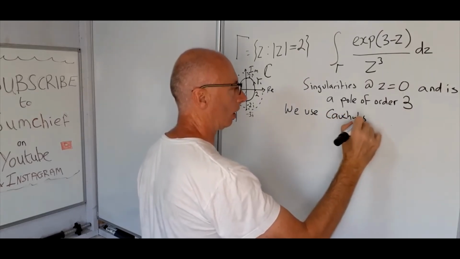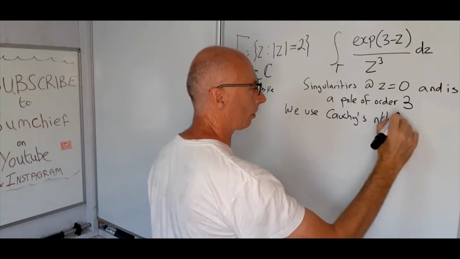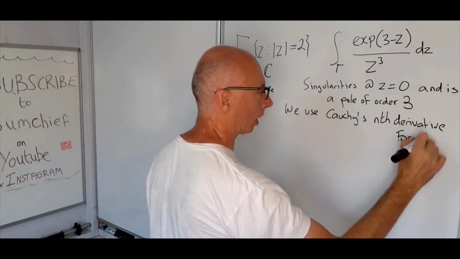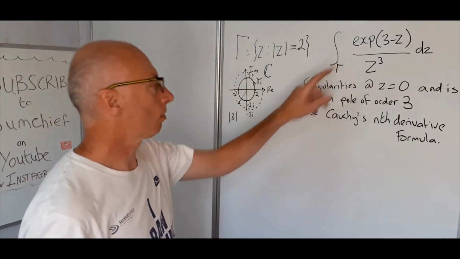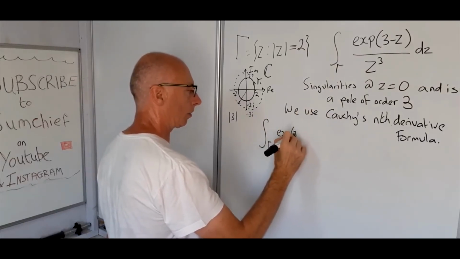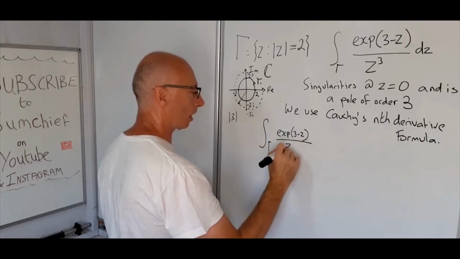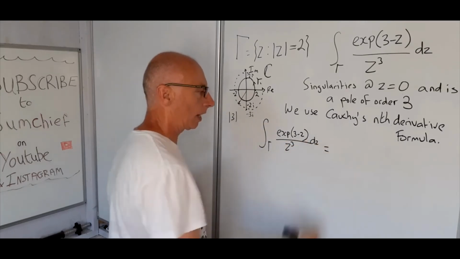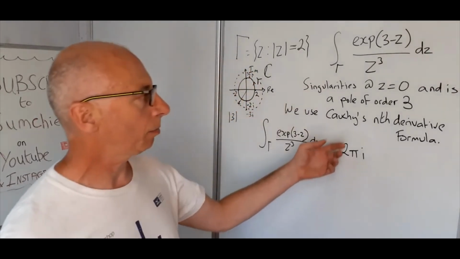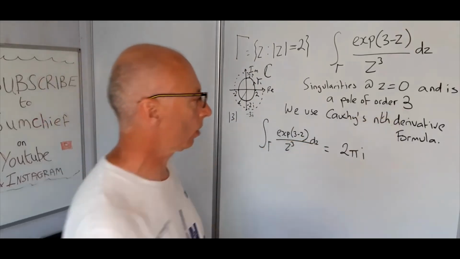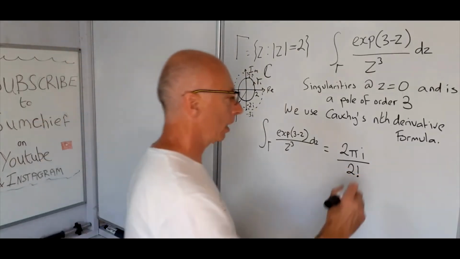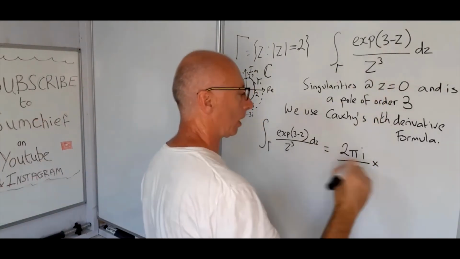What we say is that this integral across gamma of exponential of 3 minus z over z cubed dz equals 2 pi i, and then we divide by one less than the order, factorial, so we divide by 2 factorial, and then we multiply by the derivative of this function here.